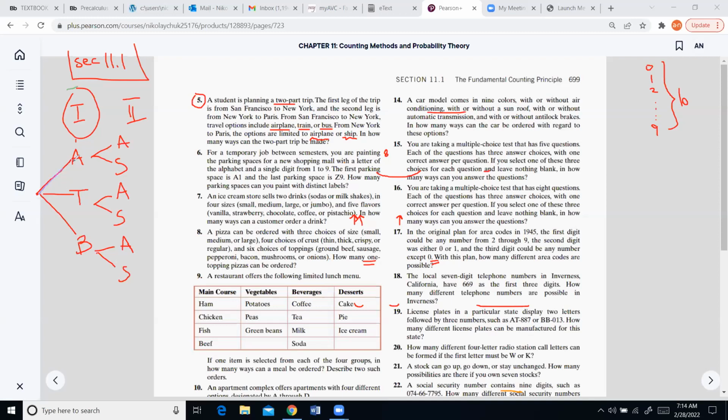If I go along the branch of the tree, let's say the very first choice will be just take an airplane for the first leg and for the second. Or instead of going on the airplane across the Atlantic, you can take a ship. And analogously, I can utilize a train for the first choice and then either an airplane or a ship. Or I could start with a bus and then go airplane or a ship.